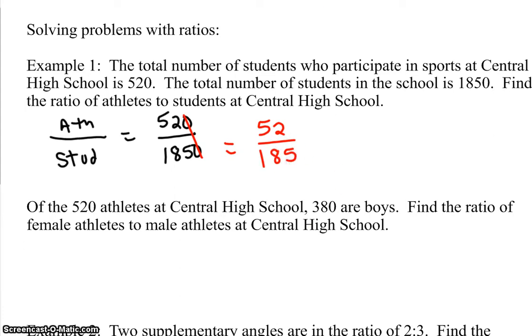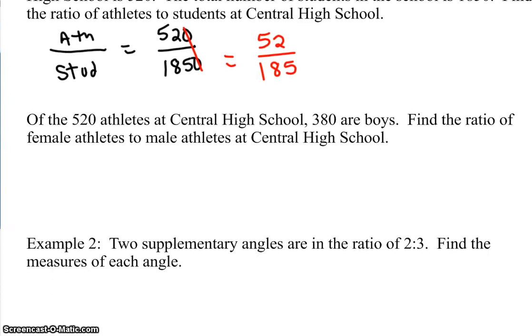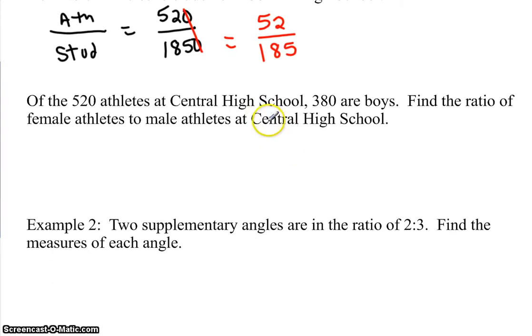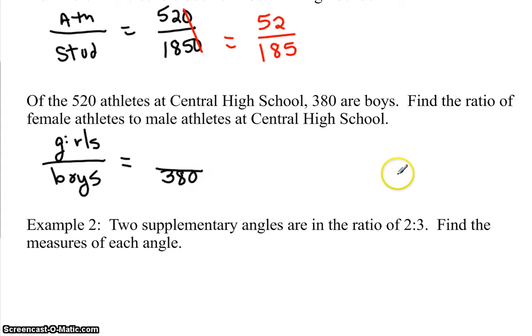Now, notice in the next problem they've changed it just a little bit. They said out of the 520 athletes, 380 are boys, and then it says find the ratio of females to males. Well, females are our girls, males are our boys. We know how many boys there are. There are 380 boys. The question is, how many are girls?